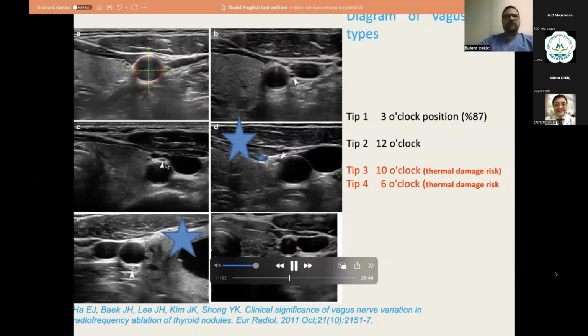In type 2, it is at 12 o'clock. In type 3, it is at 10 o'clock. And in type 4, it is at 6 o'clock. But type 3 and type 4 are dangerous for thyroid thermal ablation, because we can cause thermal injury. Therefore, in type 3 and type 4, we must use hydrodissection.